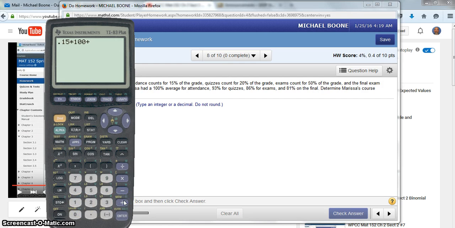And then we would keep adding. 20% is for quizzes, and she had a 93 average. 50% for exams times her average 86. Then lastly, it's 15% times her average, her final exam grade.